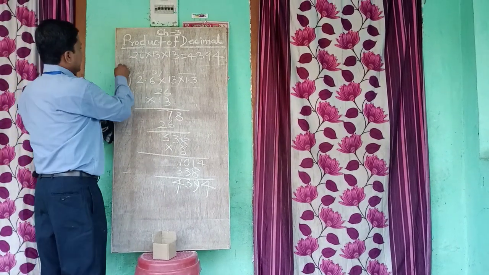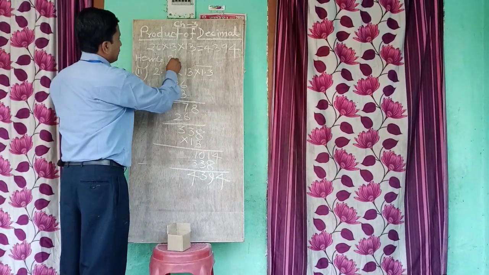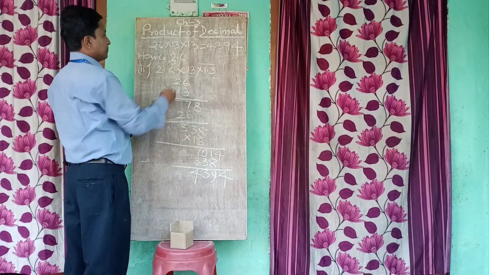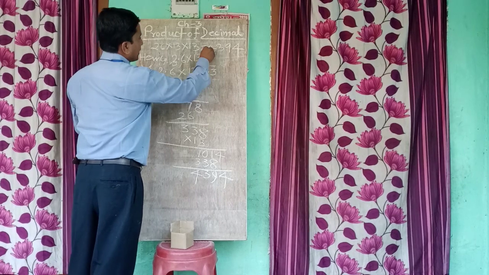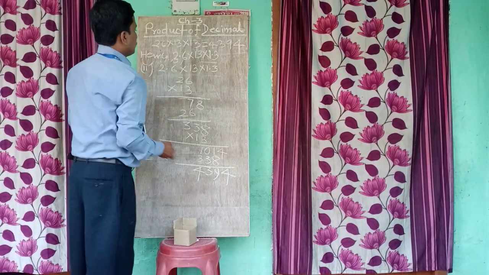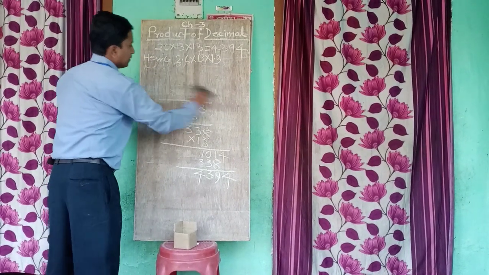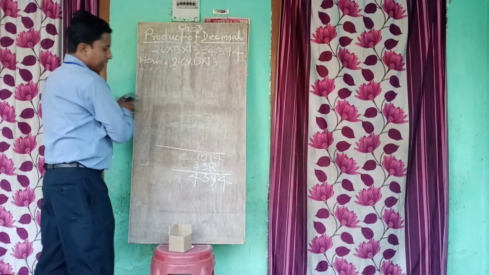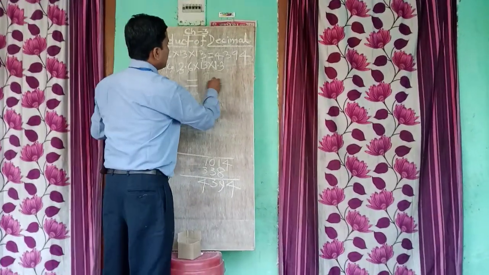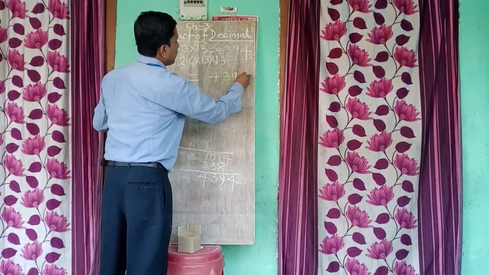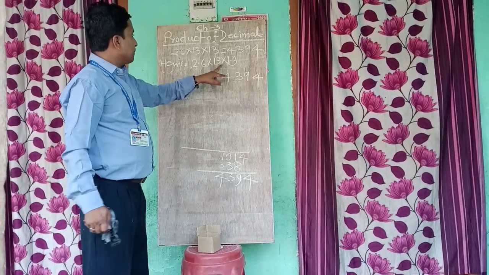Now hence, 2.6 into 13 into 1.3. What will be the result? So right here, what is the product? The product is 4394. Now where do you have to put the decimal?